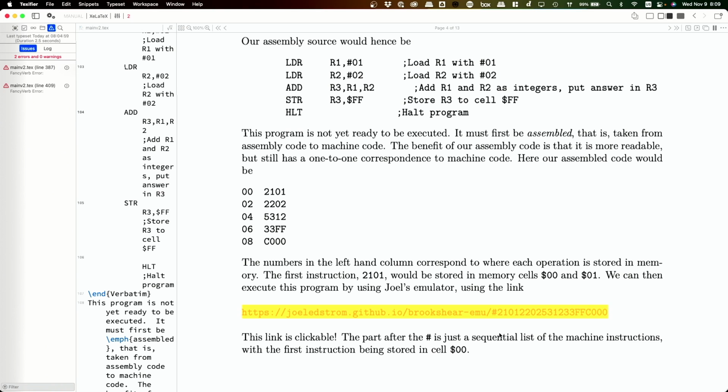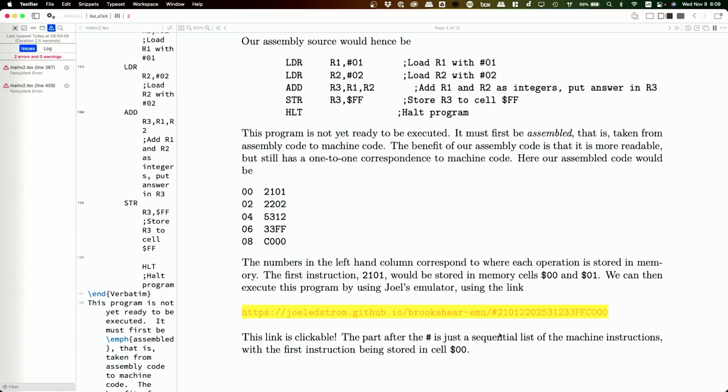Okay, so that nibble, because remember, 1 hex character corresponds to a single 4-bit quantity, which we call a nibble, tells us which operation we're doing. And then the other 3 nibbles are called the operands of it. And they tell us the specifics as to what that operation applies to.